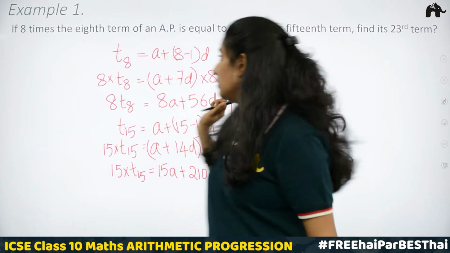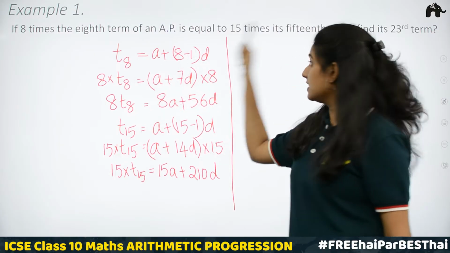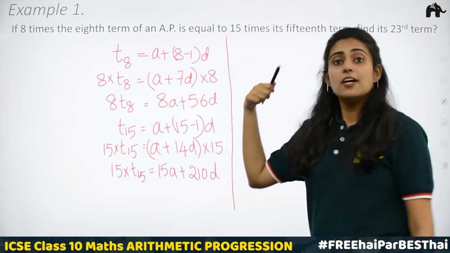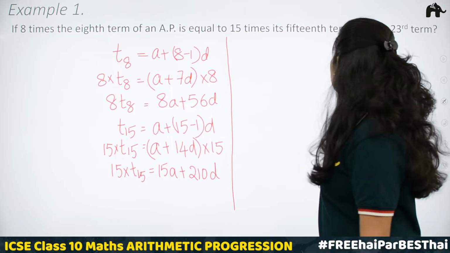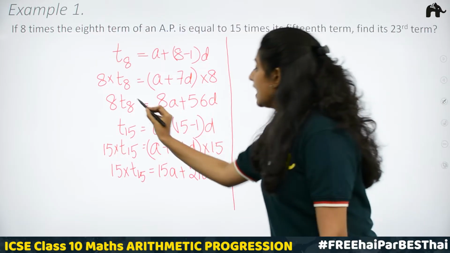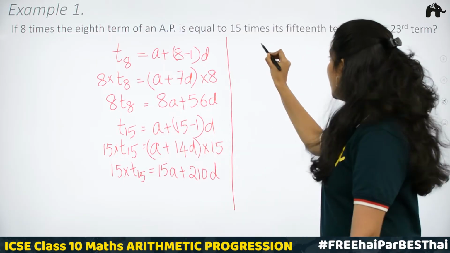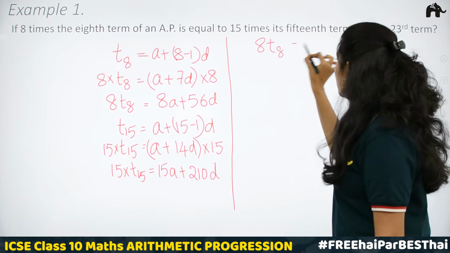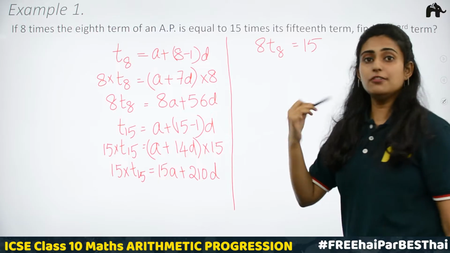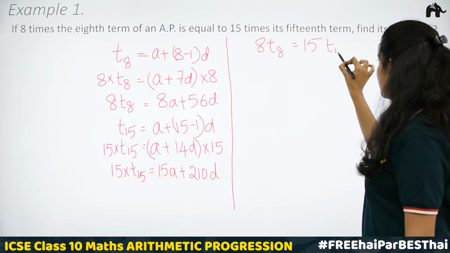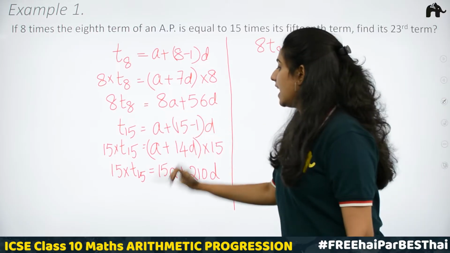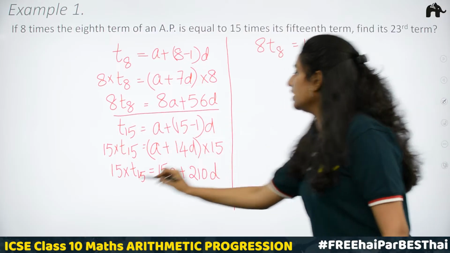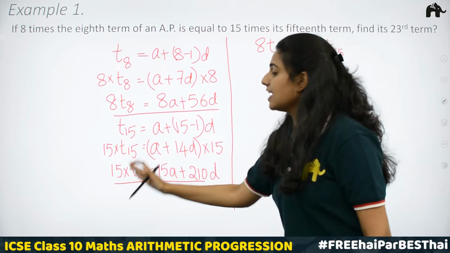Now, what is given in the question? 8 times the 8th term of an AP is equal to 15 times the 15th term, which means this and this are equal. 8 times the 8th term, T8, is equal to 15 times the 15th term, T15. From this and this, consider these two equations. The left hand sides are equal.